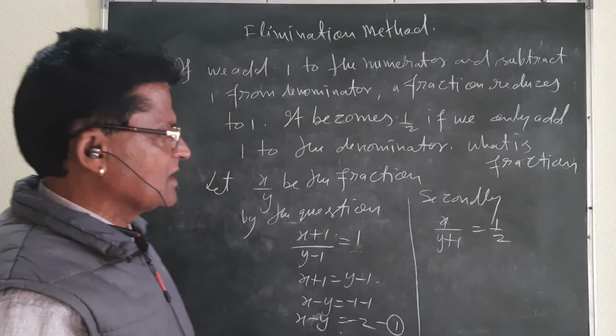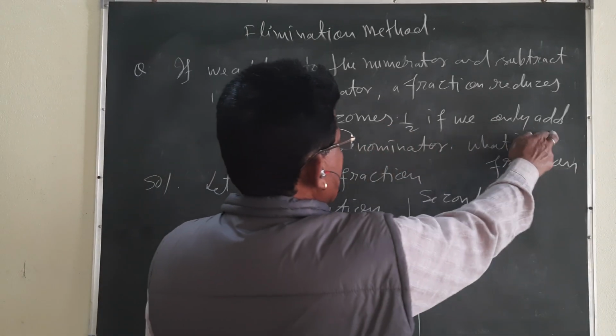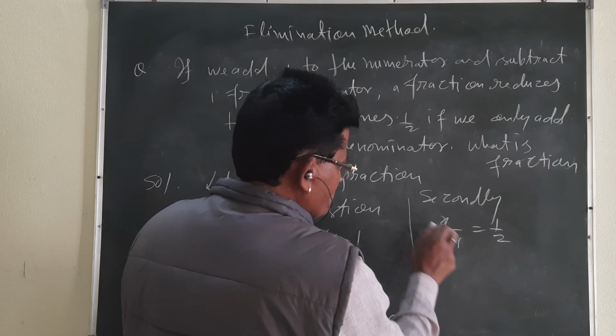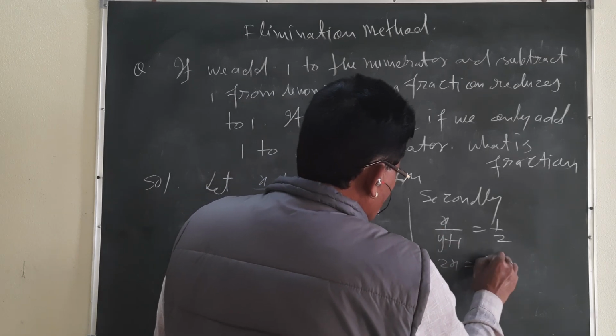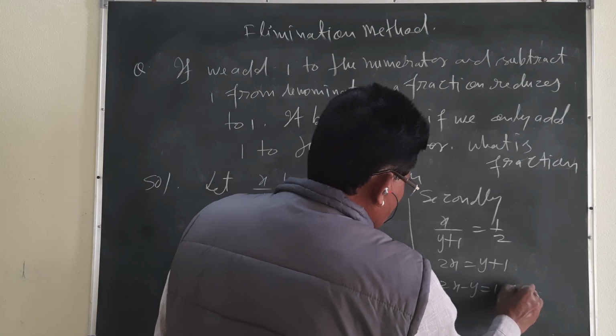As per the question, we are going to solve it. Cross multiplication: 2x will be equal to y plus 1, and 2x minus y will be equal to 1, equation number 2.